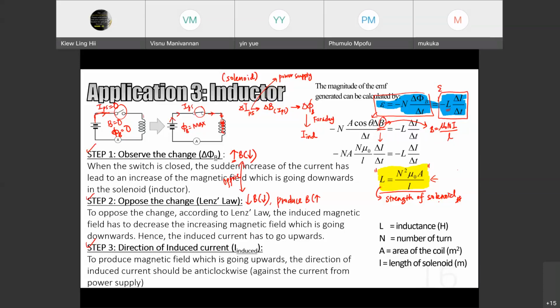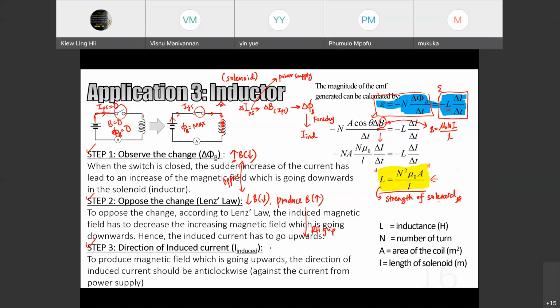According to the right-hand grip rule, in order to produce a magnetic field which is going upwards, the current will be anti-clockwise from the top view. Your eye is here, anti-clockwise from the top view.